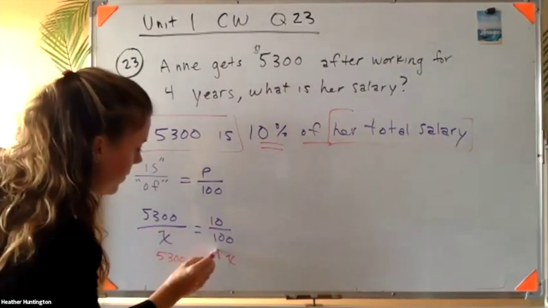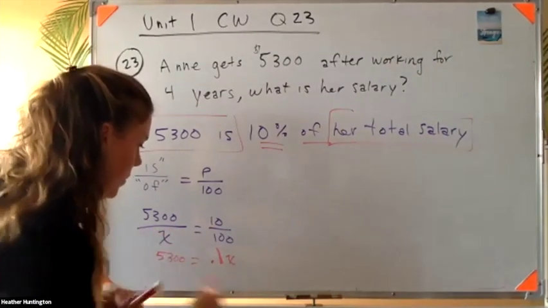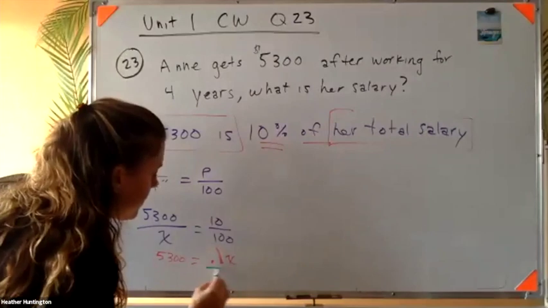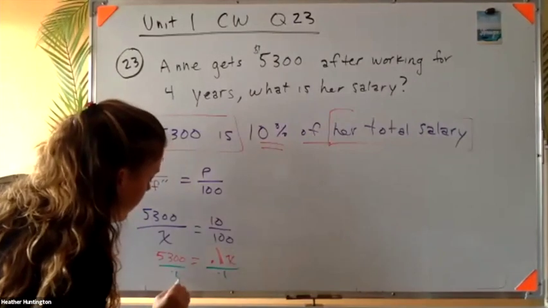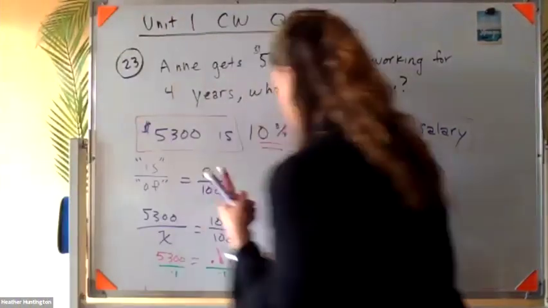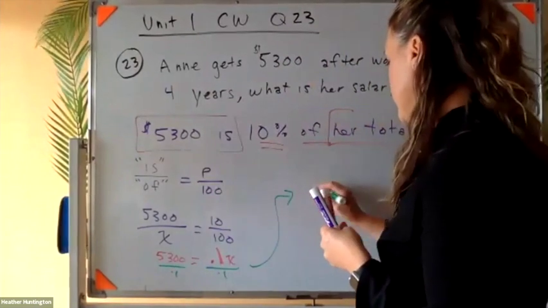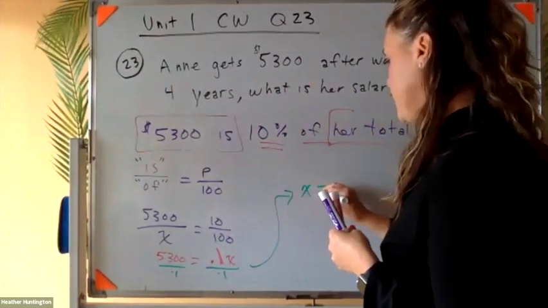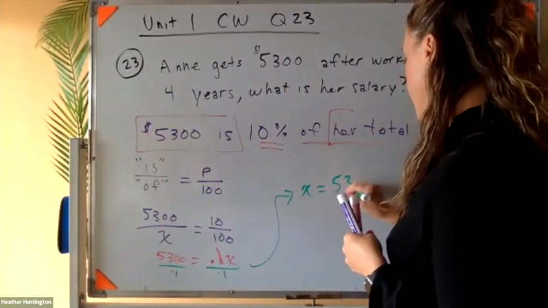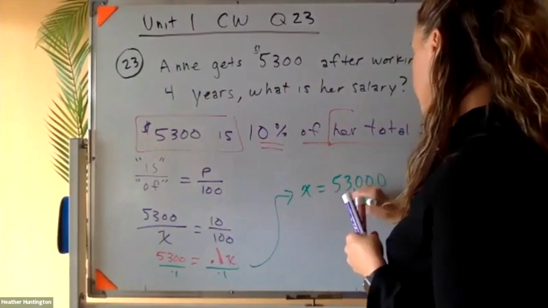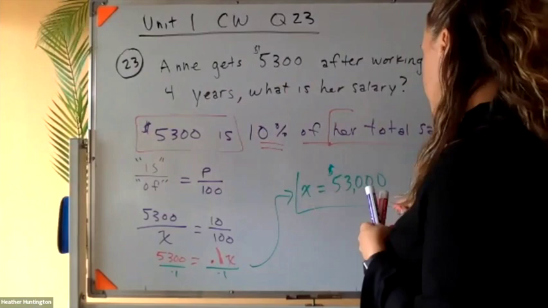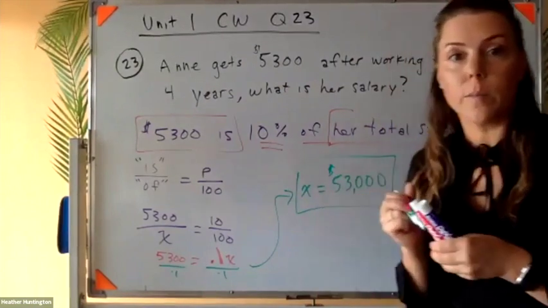Now I'm going to divide both sides by 0.1. And we get that her total salary is equal to 53,000. Does this seem reasonable? Good.